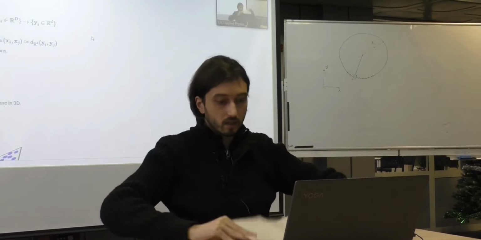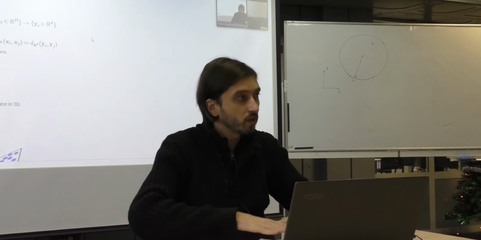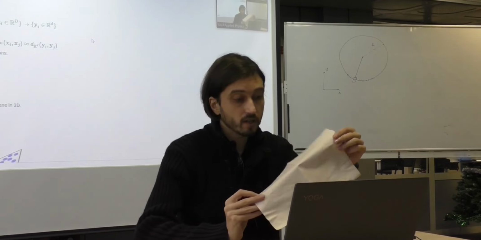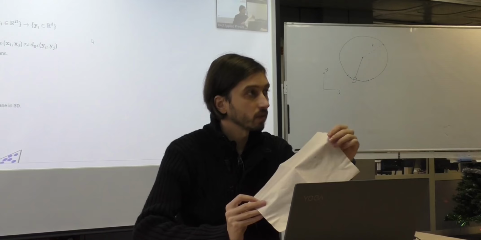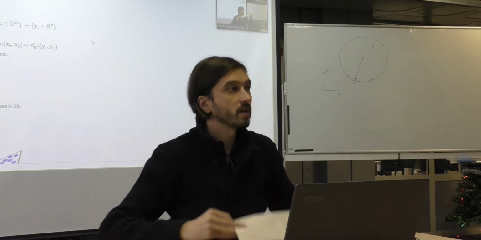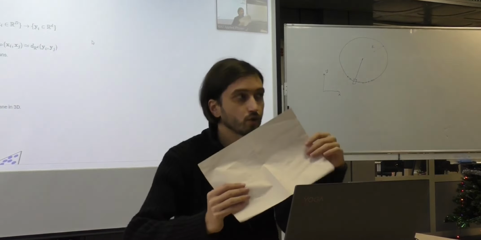So I want to take it and make it planar, put it into the plane. How can I formulate the problem of putting all these points into some lower dimensional space? How do you think? What should I do? What should I require?